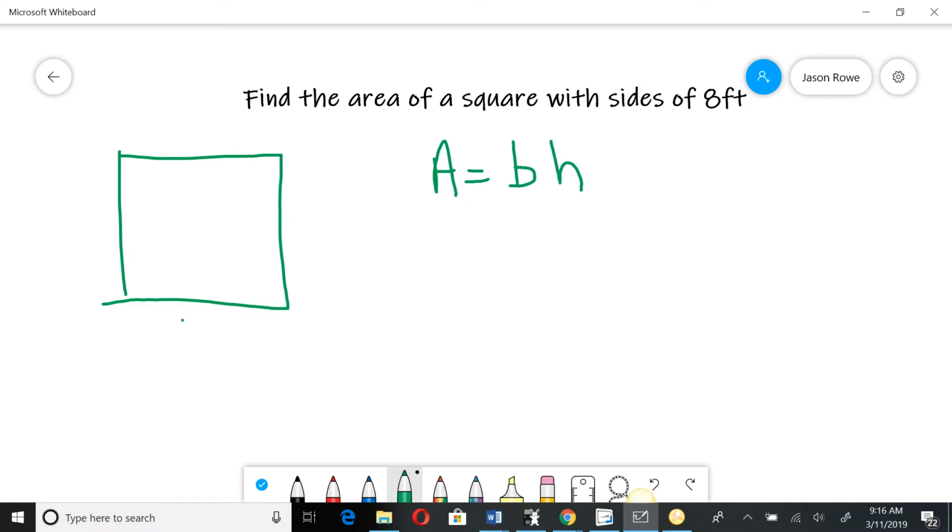Since this is a square, the base and the height are the same number. So this will be 8 times 8, which is 64, and then it's going to be feet squared. So that's the area of any square, rectangle, parallelogram, or rhombus. Base times the height, just multiply the numbers.